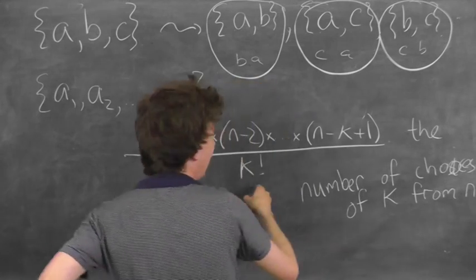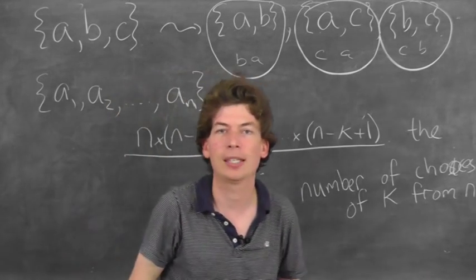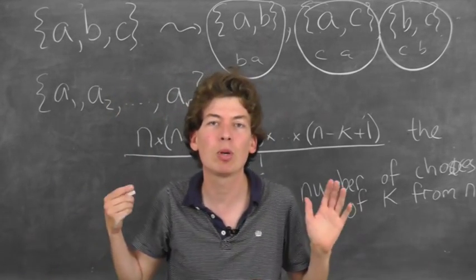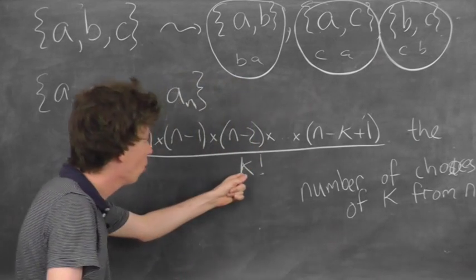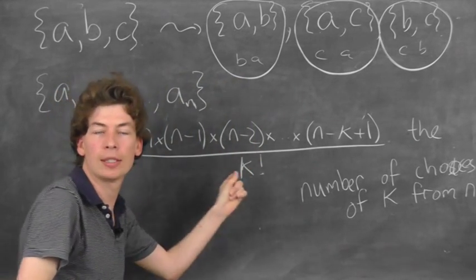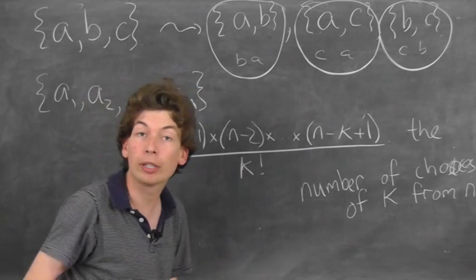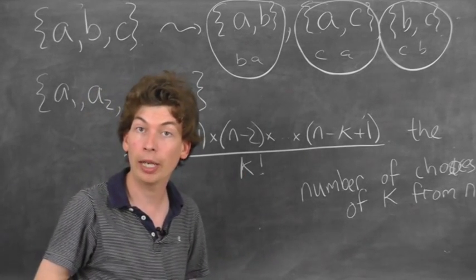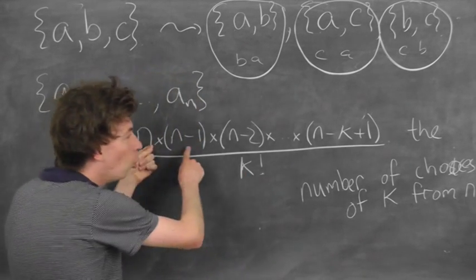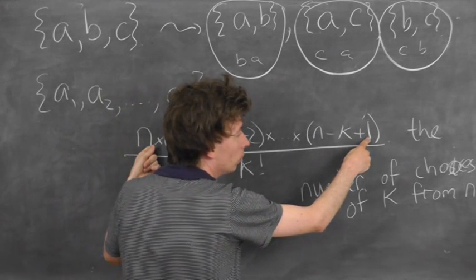Good. So again, the formula is a bit messy here, so we should write it in a slightly nicer way. Well, on the bottom, instead of writing k by k minus 1 by k minus 2, we simply wrote k factorial. Nice and easy. This almost looks like a factorial.